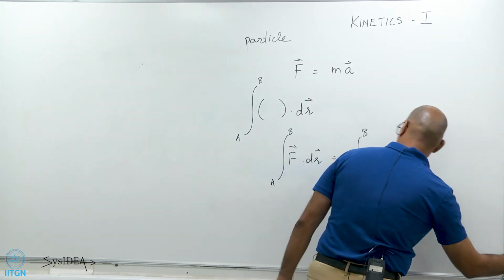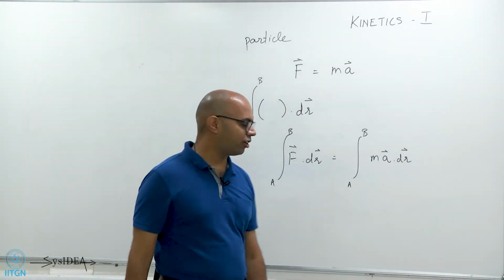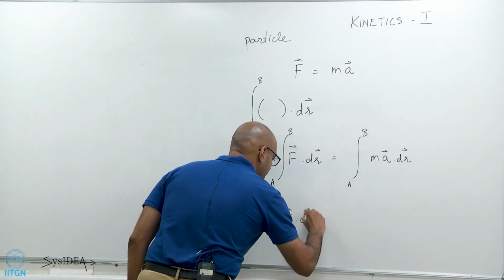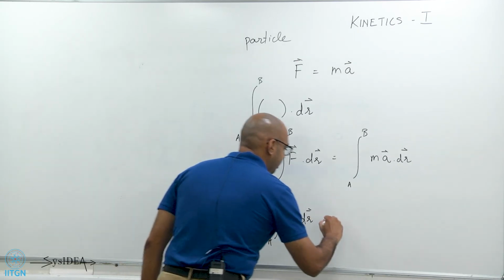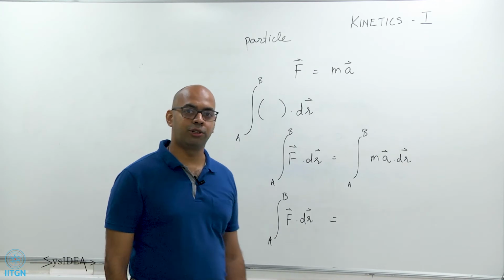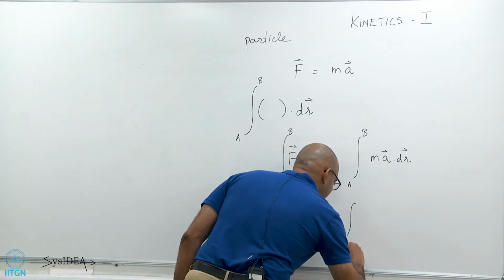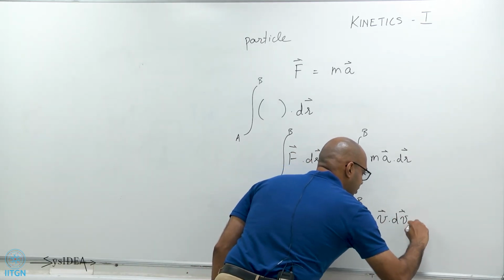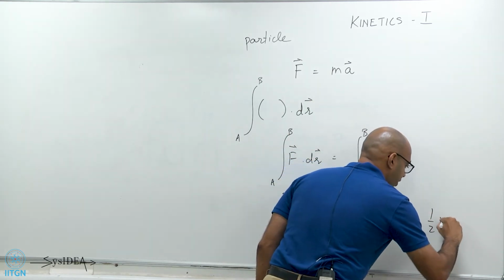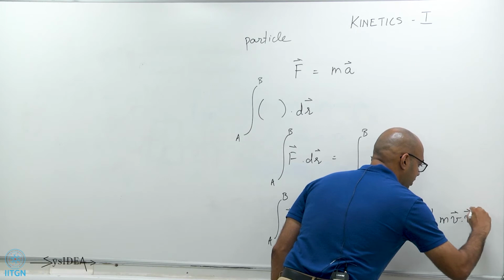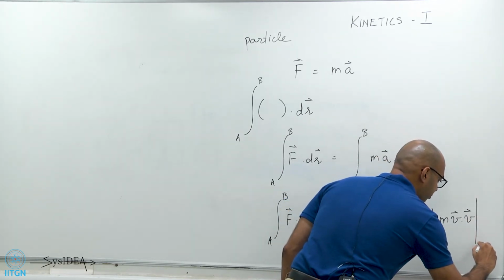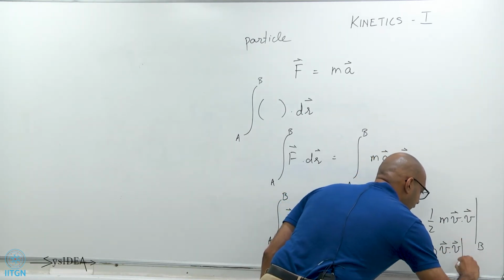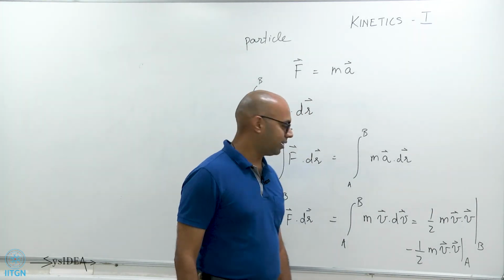This is trivial, but still many students I find have forgotten about this: the total work done due to external forces in going from A to B is not equal to the change in total energy, but really only the change in kinetic energy. This gives me half m v dot v at B minus half m v dot v at A. So this is the difference in kinetic energies.